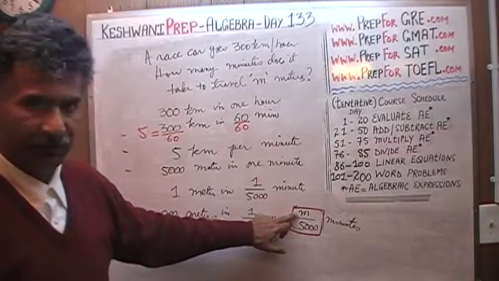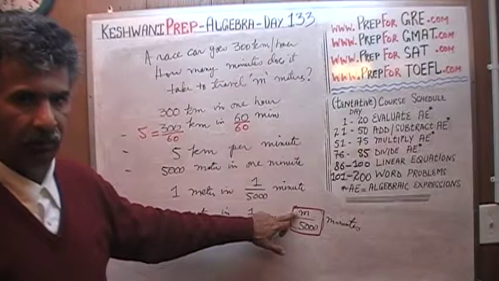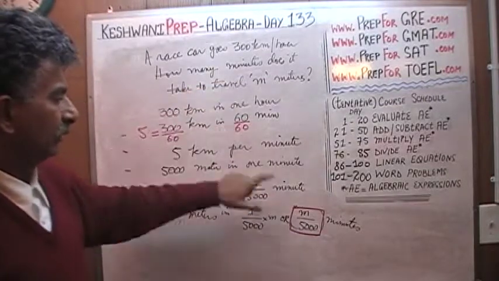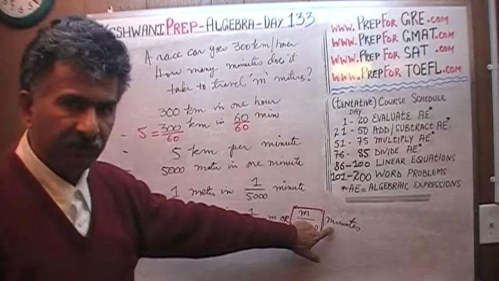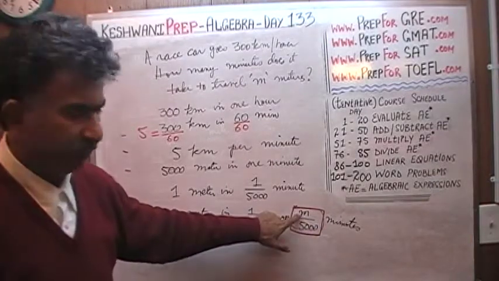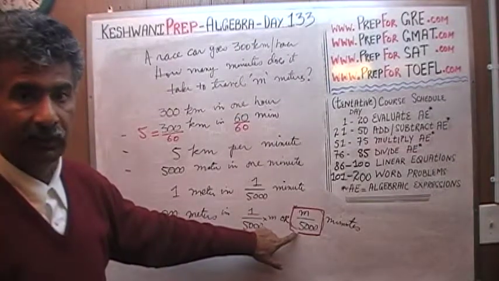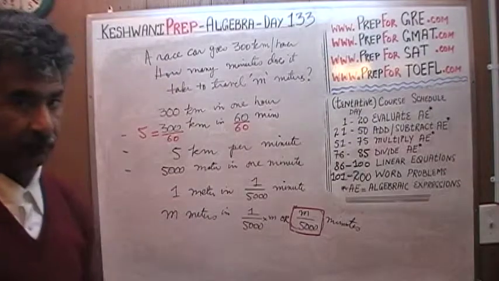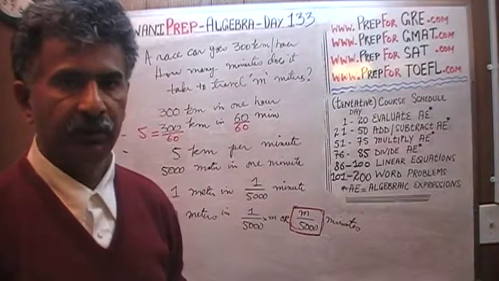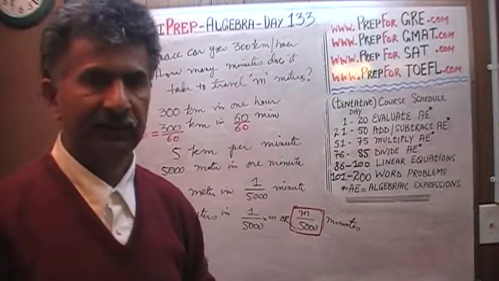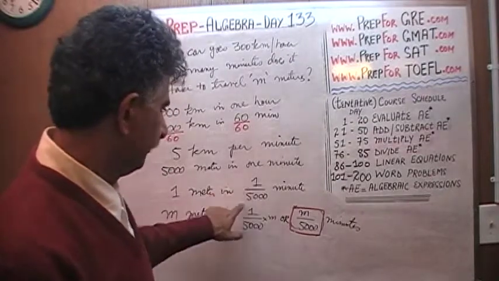For example, if m happens to be 5, if the question was how many minutes does it take to travel 5 meters, the answer would have been 5/5000, which is 1,000th of a minute. Not a tenth of a minute, not a hundredth of a minute, but 1,000th of a minute it takes to travel 5 meters. It takes 5,000th of a minute to travel 1 meter, right here.